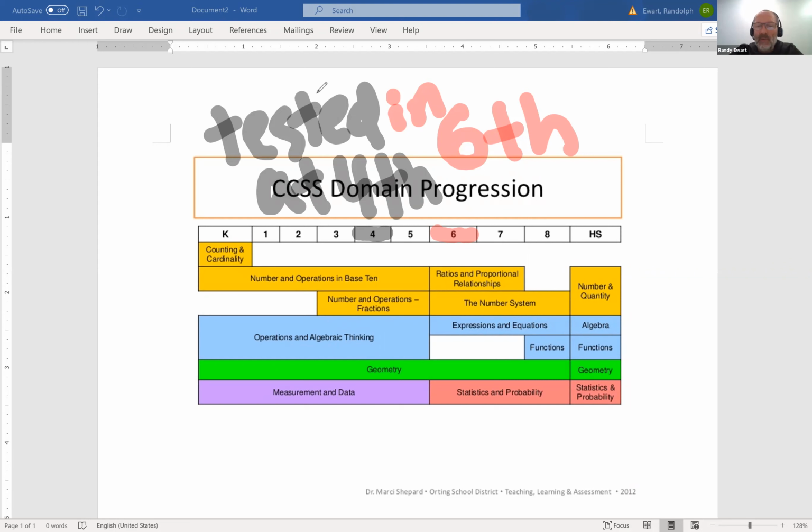Well, maybe your student is okay with ratios and is okay with base 10. Then maybe he had trouble with fractions. Maybe he's okay with algebraic thinking and then moved on to algebra content and is doing okay.